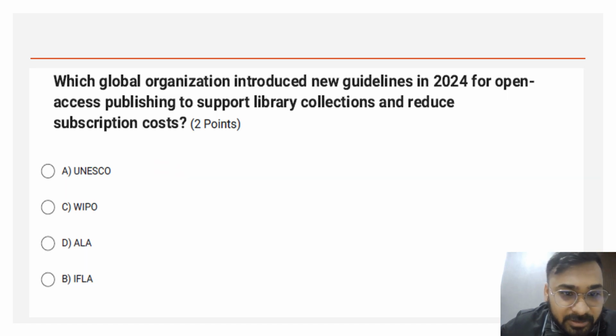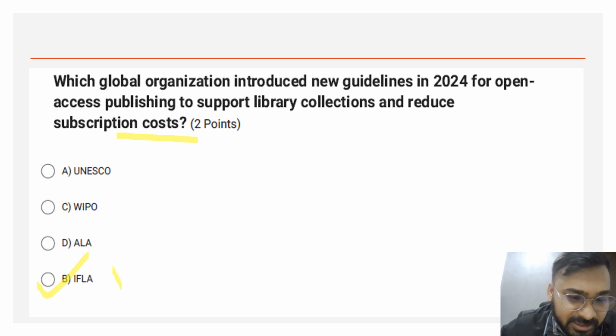Which global organization introduced new guidelines in 2024 on open access publishing to support library collection and reduce subscription cost? So it is none other than IFLA. Do you know the full form of IFLA? International Federation of Library Associations. When was it established?